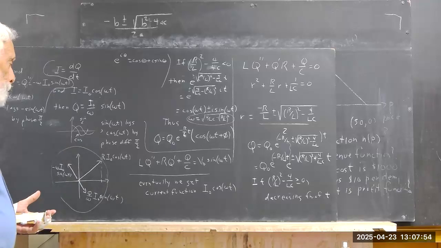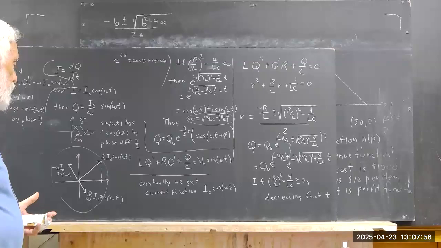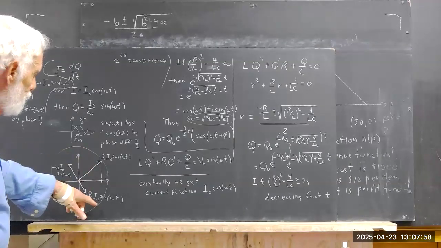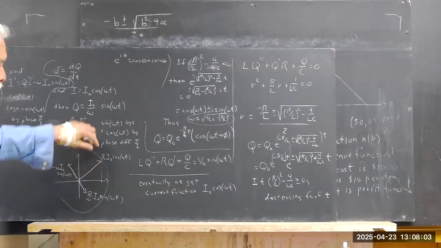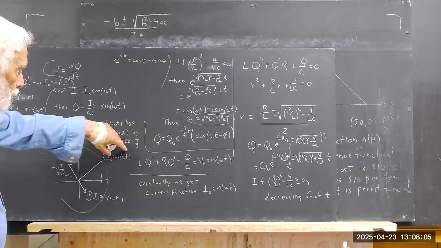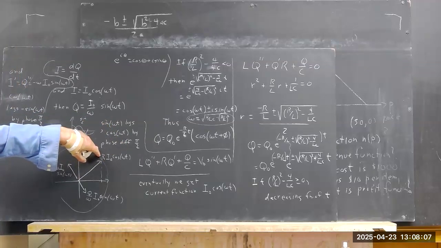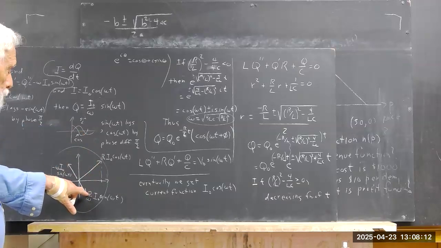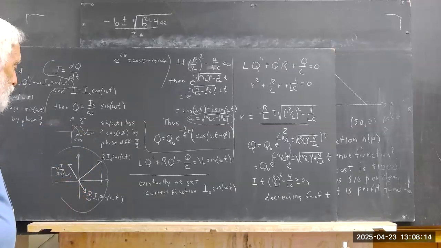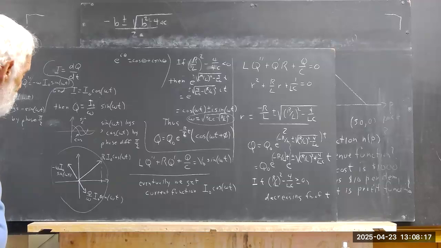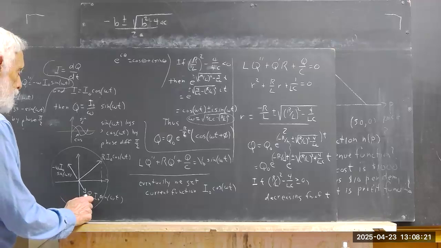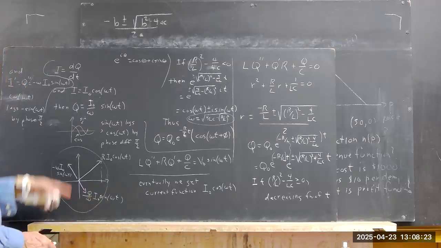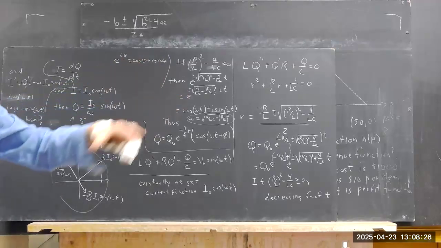Now, what we really want is the voltage. I haven't included anything to indicate the voltage except here. I take the resistance and multiply by the current, and this is a voltage. Now, what do I do to the charge to get a voltage? Well, I've got to divide it by C. Voltage across the capacitor is Q over C, right?